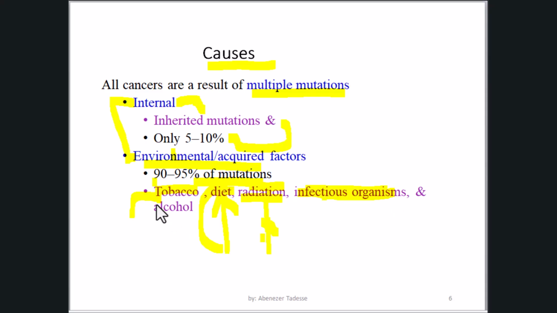The other one is alcohol consumption. Alcohol is very dangerous, so it can result in liver cancer, oral cancer, and different types of cancer can be caused by high consumption of alcohol. So these are the major causes of cancer, internal as well as external.